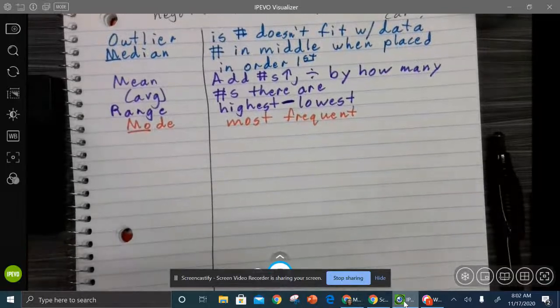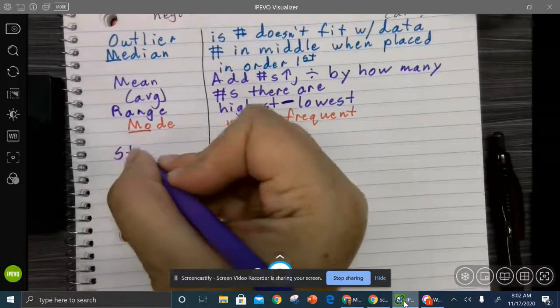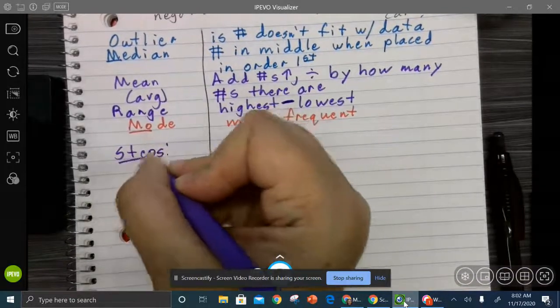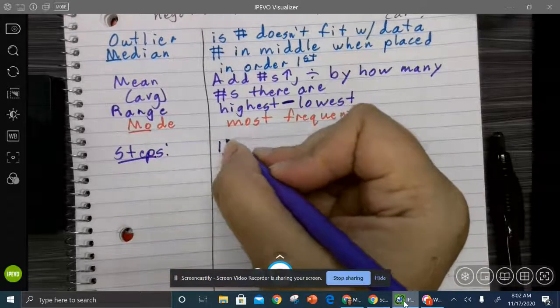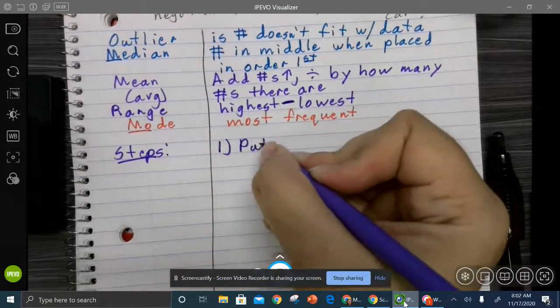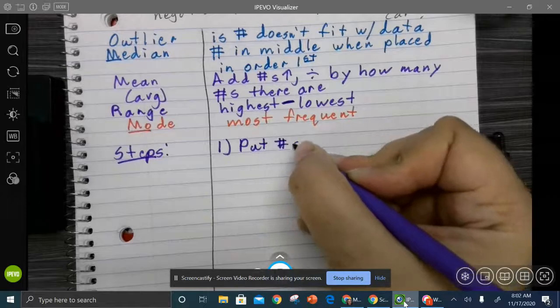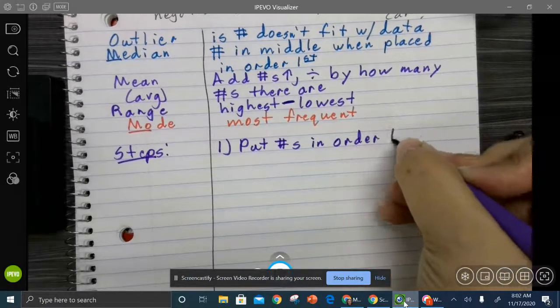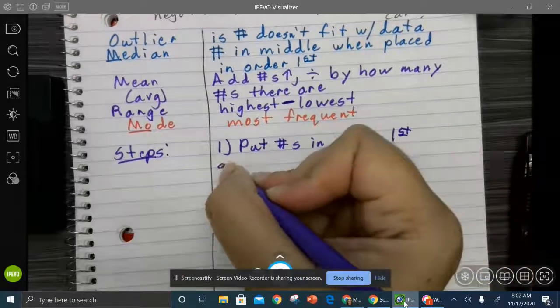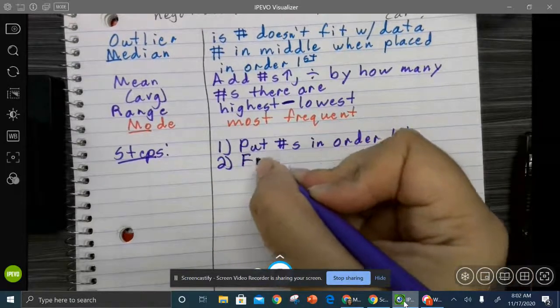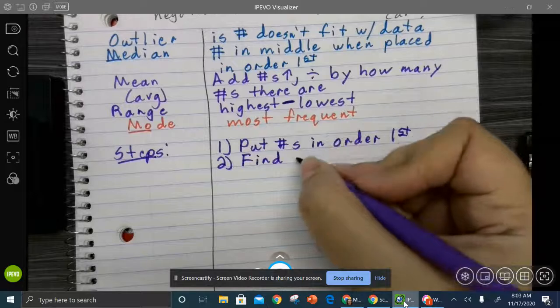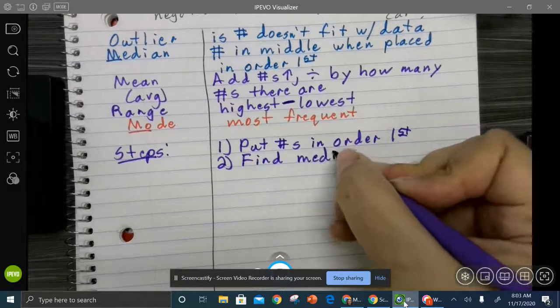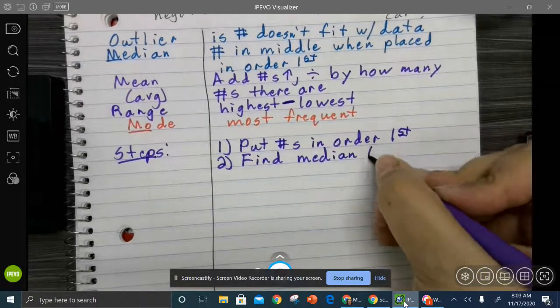Okay, so our steps for this, everybody. We're going to put the numbers in order. We're going to find the median, which is also our second quartile. It's the middle, so 50% of the data.